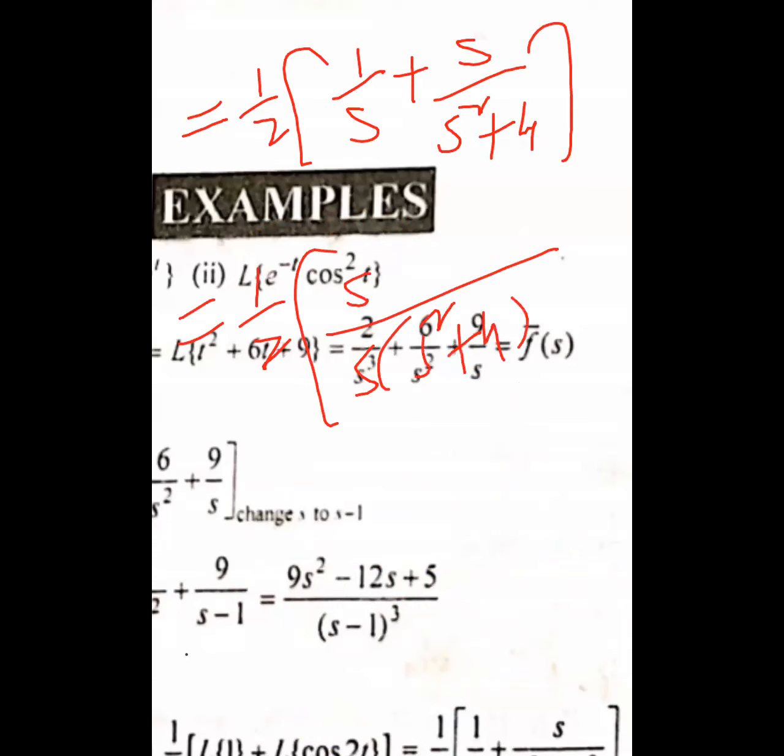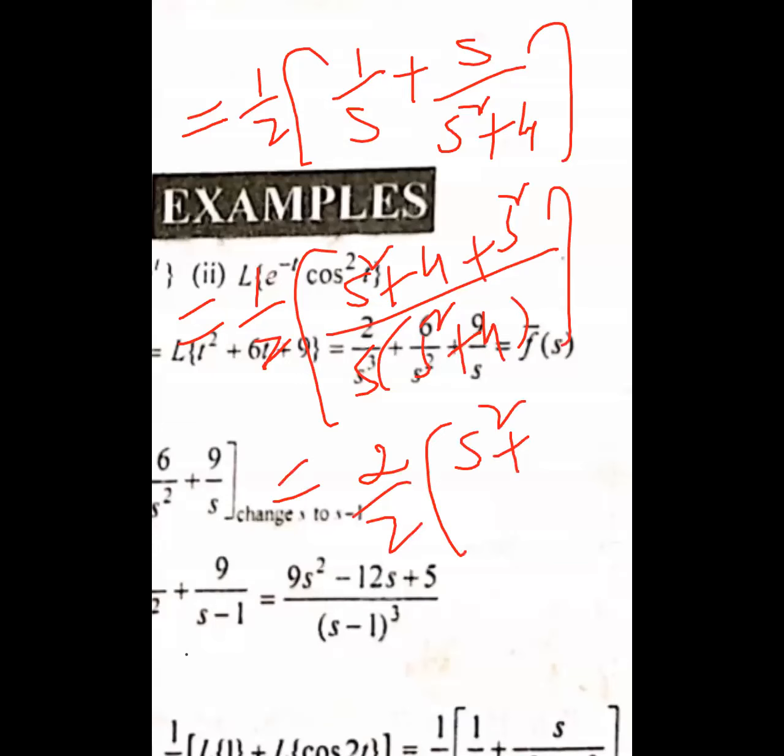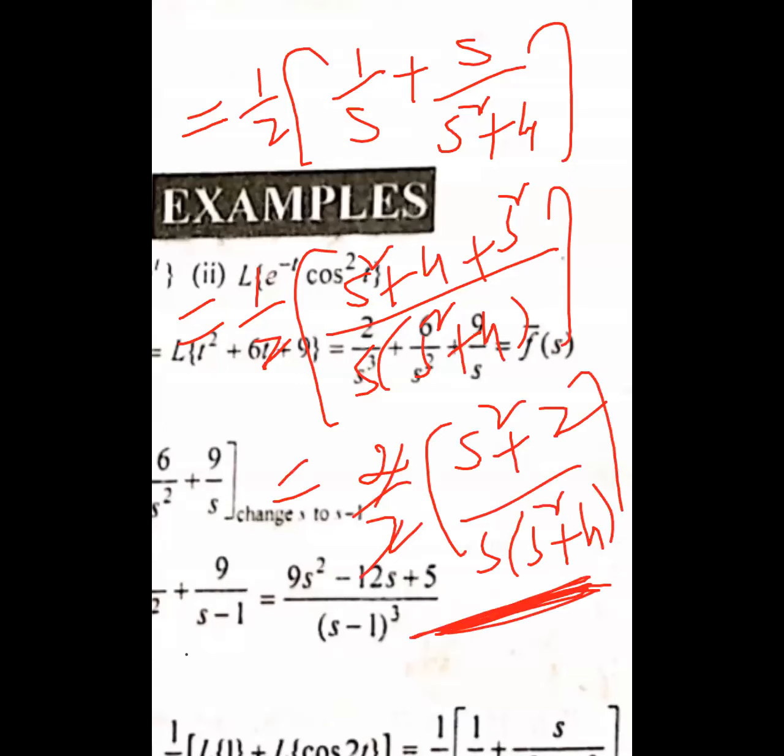So s square plus 4 plus s square, s square plus s square is 2s square, 2 common: 2s square plus 2 by s into s square plus 4. So 2 cancels. This is f bar of s.